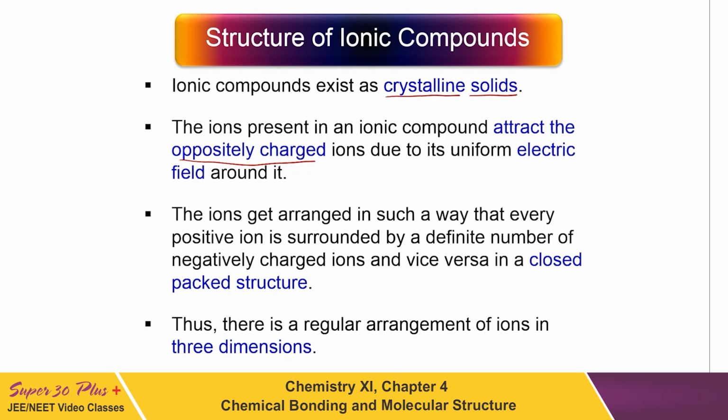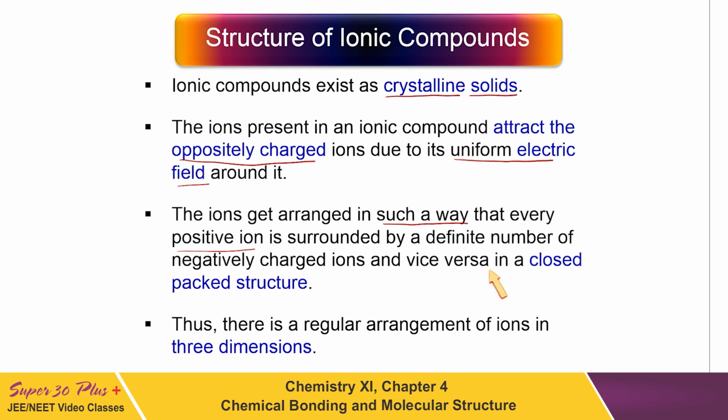Because these ions are uniformly distributed in the electric field, and these ions are arranged in such a way... please listen to me one more time. These ions, which ions? Cation and anion. They are arranged in such a way that every positive ion is surrounded by a certain definite number of negatively charged species and vice versa.